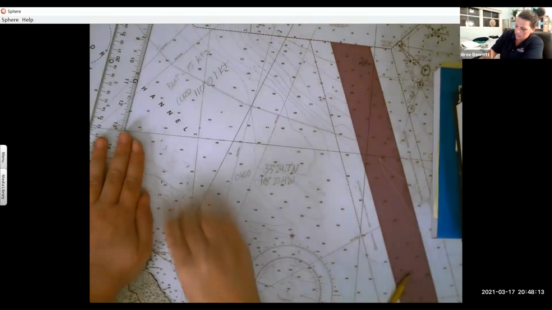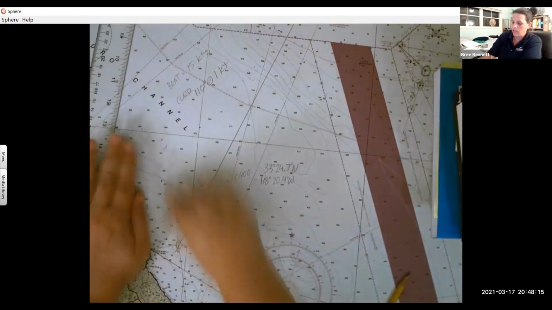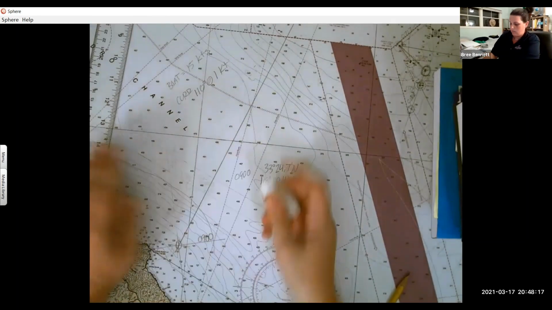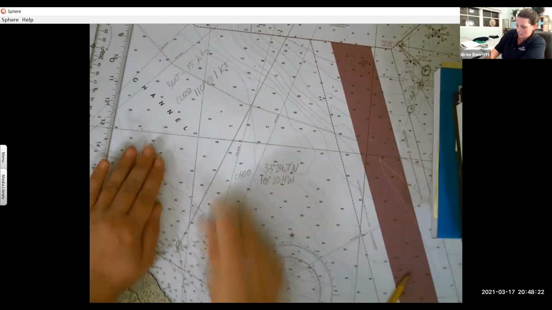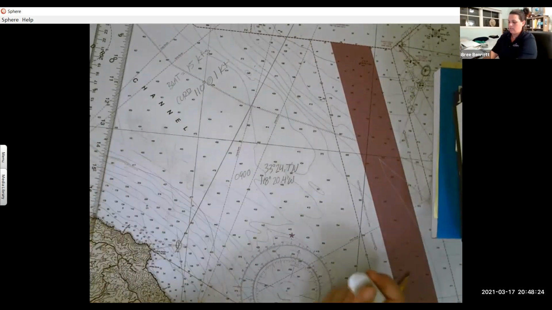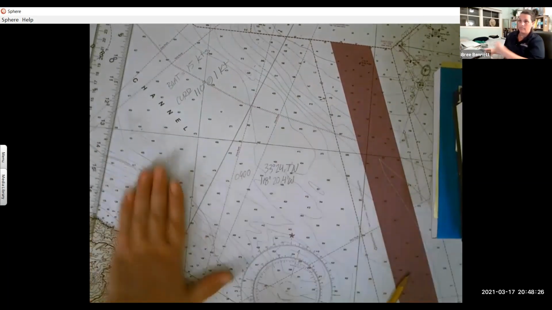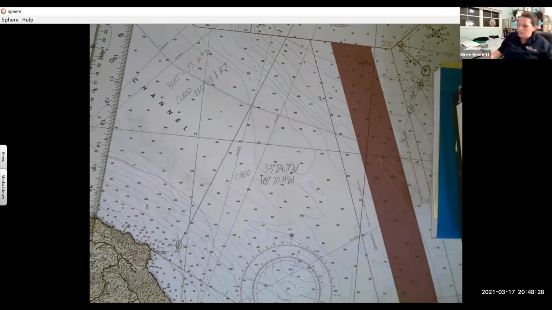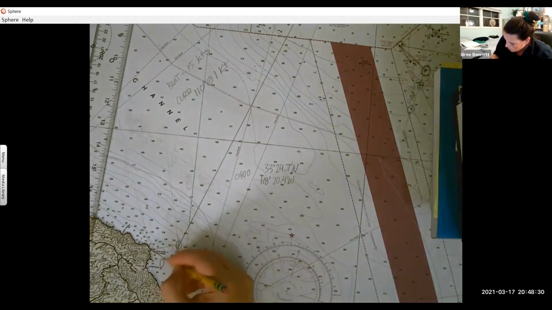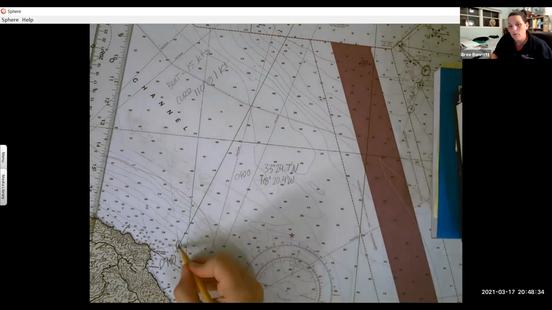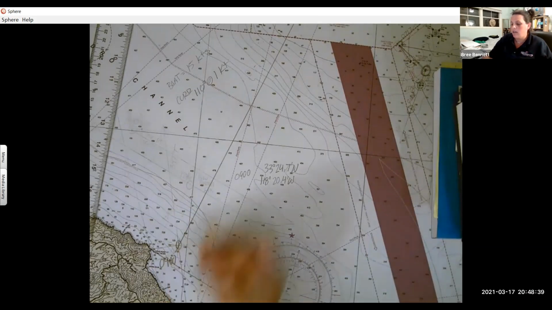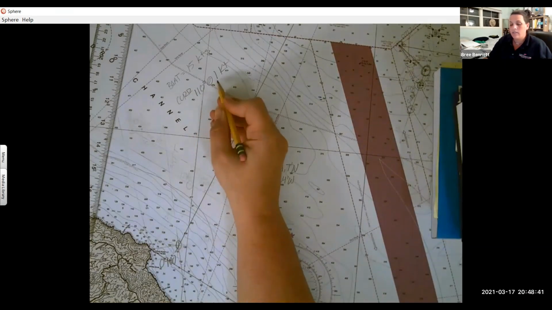So let's define our triangle, right? We want to make sure we have a good triangle. Here's our 0900. This is our starting point, if you will. And we have a current of 110 at 1 knot.